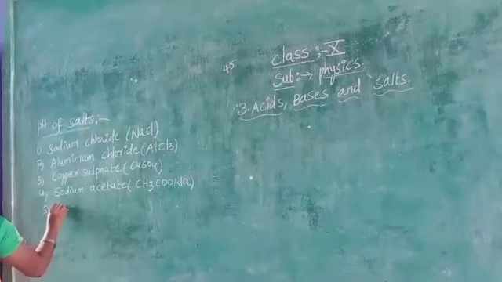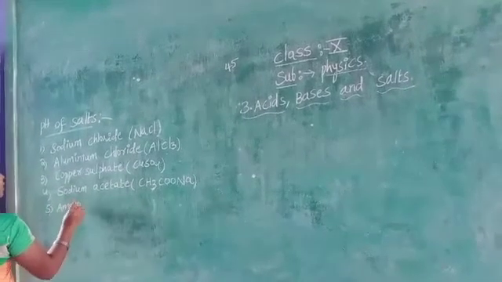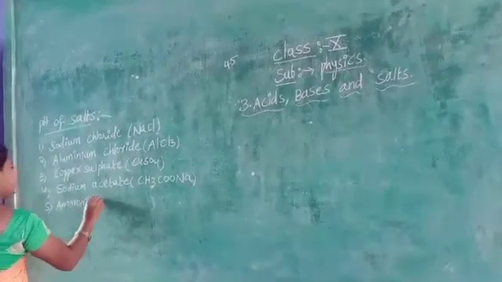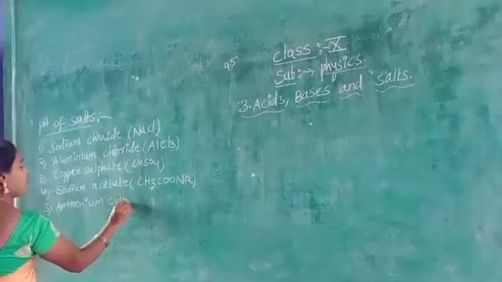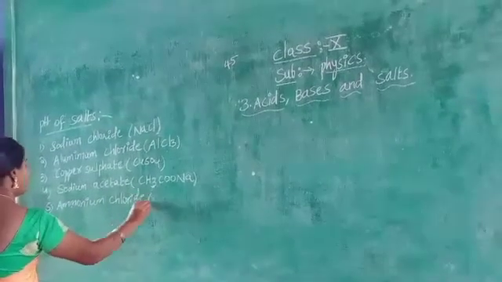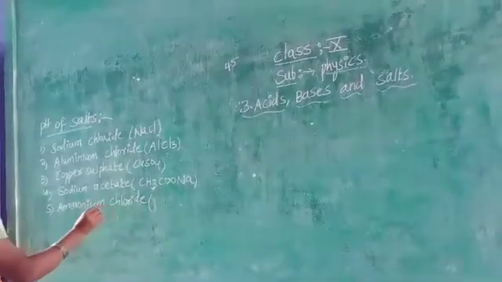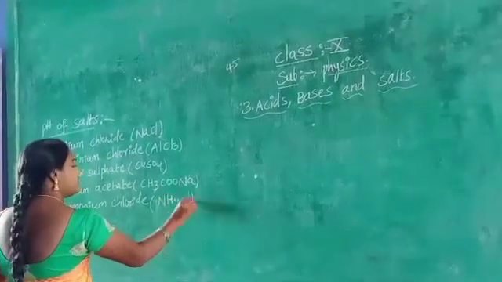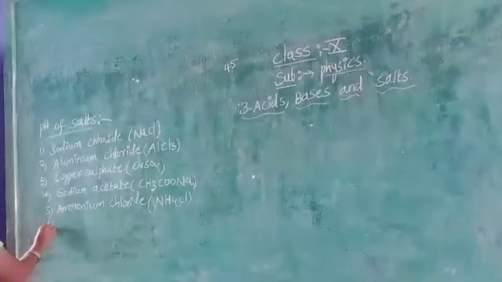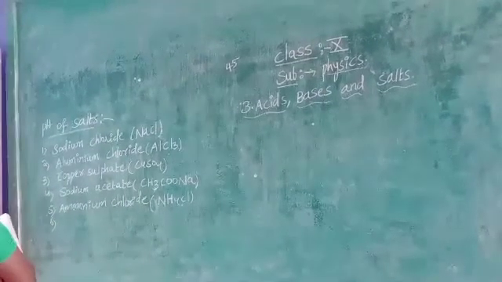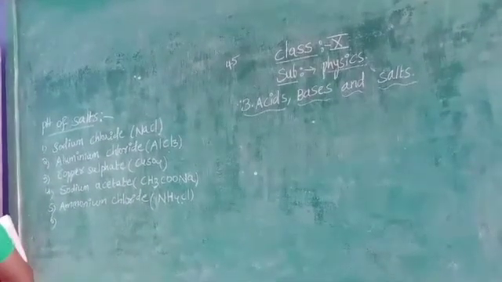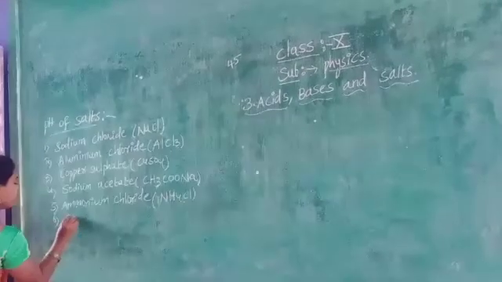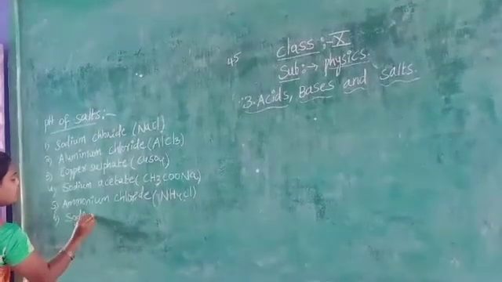What is the formula of ammonium chloride? Already you know about that. It is NH4Cl. Next one, sodium hydrogen carbonate.